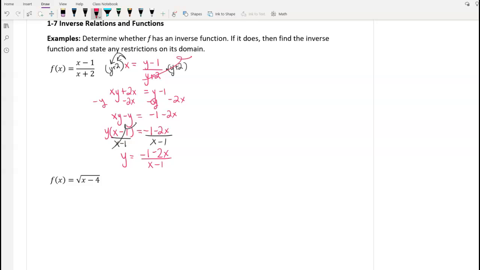All right, so remember, our domain of f of x said that x can't equal -2. But now our domain of the inverse says x can't equal 1.